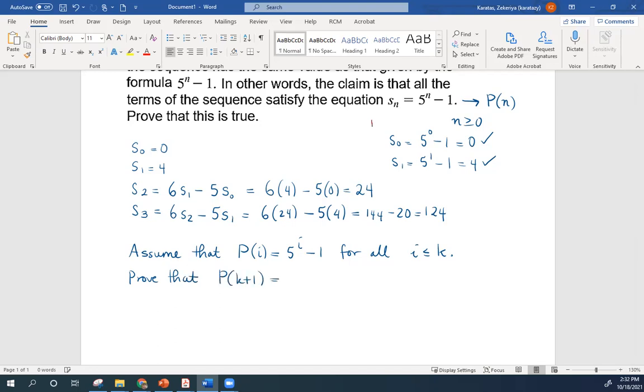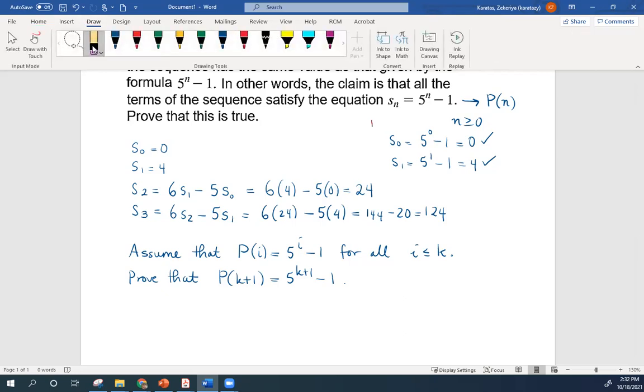PK plus 1 equals 5 to the power K plus 1 minus 1. Now we want to prove this. I'm sorry, this is not PK. We want to prove that S K plus 1.